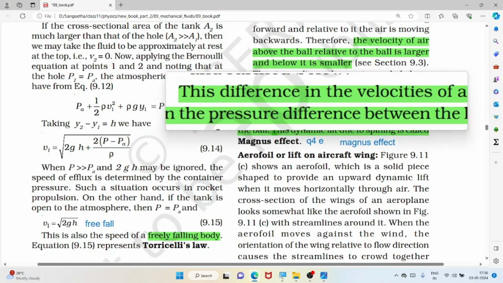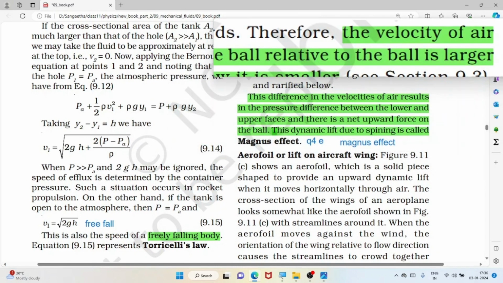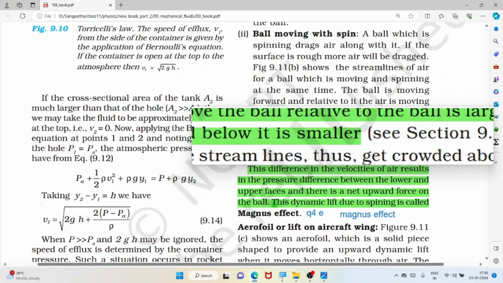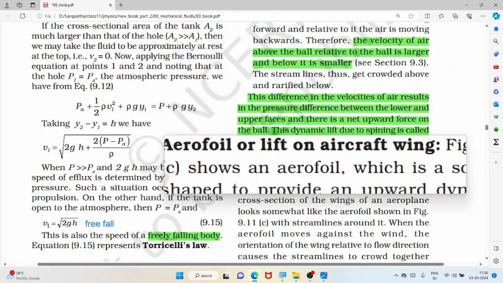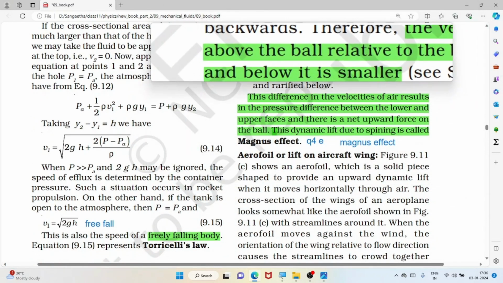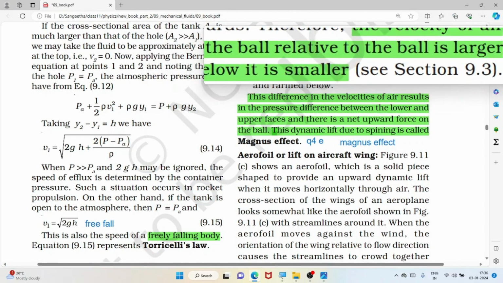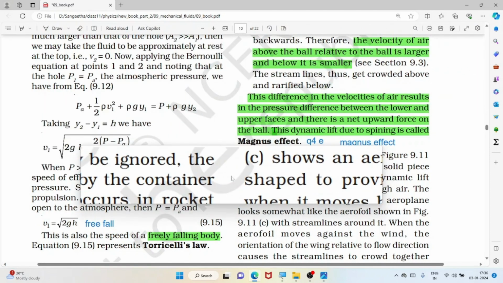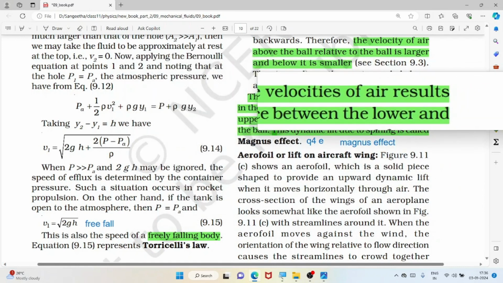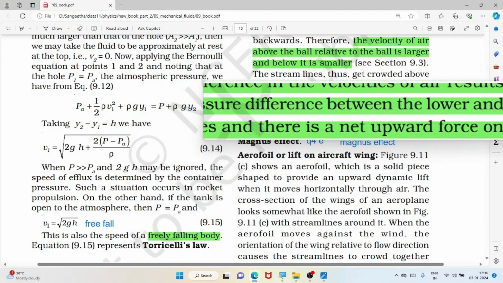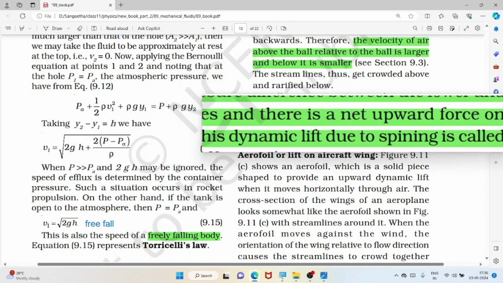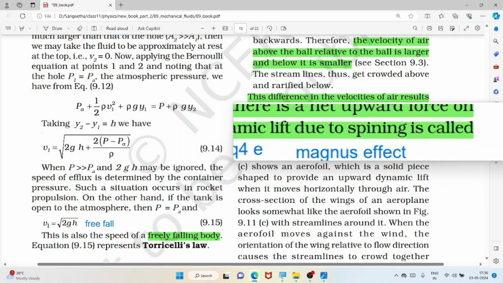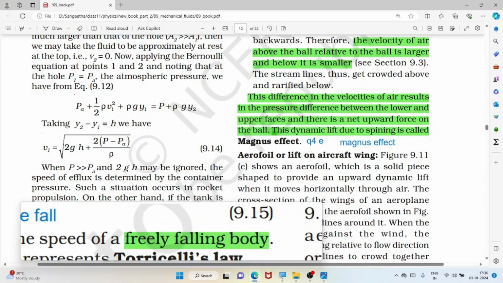There is a difference in velocity of the air: the velocity of the air above the ball, relative to the ball moving with spin, is larger and below is smaller. The difference in velocities of the air results in a pressure difference between the lower and upper faces. So there is a net upward force on the ball. The dynamic lift due to the spinning is called the Magnus effect.